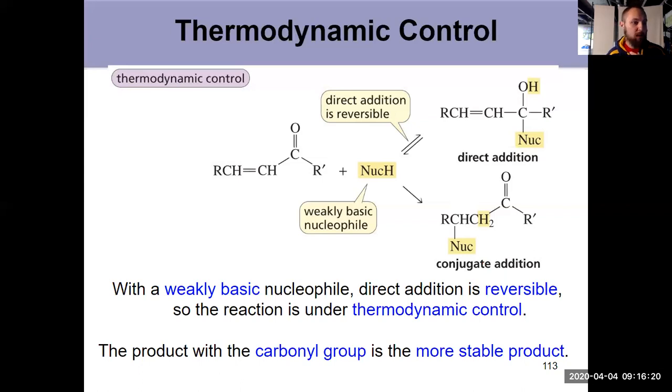Okay? So if our nucleophile that's in the middle here is a halide, cyanide, a thiol, an alcohol, or an amine, any of those are weakly basic, right? Conjugate addition will prevail. But what if I have a strong base, right?